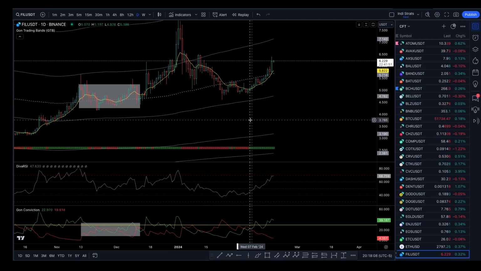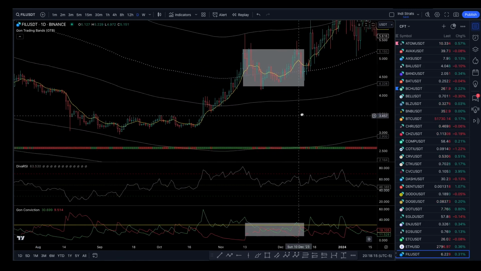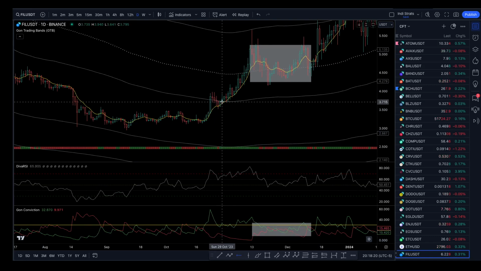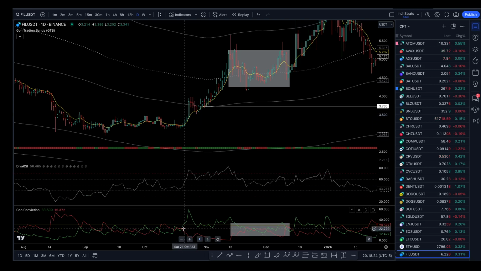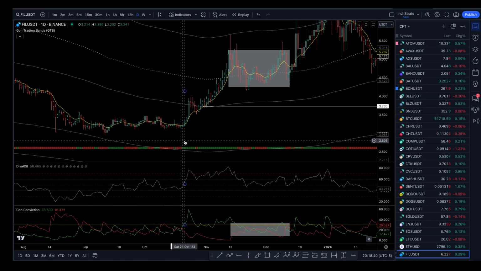And again, don't worry about the confluence stuff. Just look at some places where you see clear entries. So for example, here we had the same, right? You see that bullish conviction has been rising a lot between this candle and this candle.